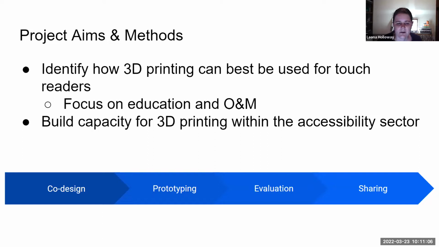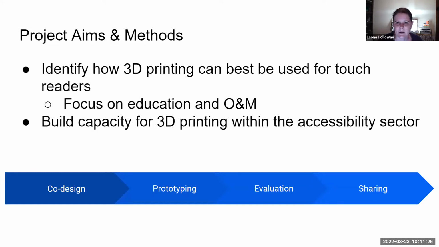And we're looking at this in 2 main application areas. So the first is education, which we'll be speaking about mainly today, and the second is maps for orientation and mobility.